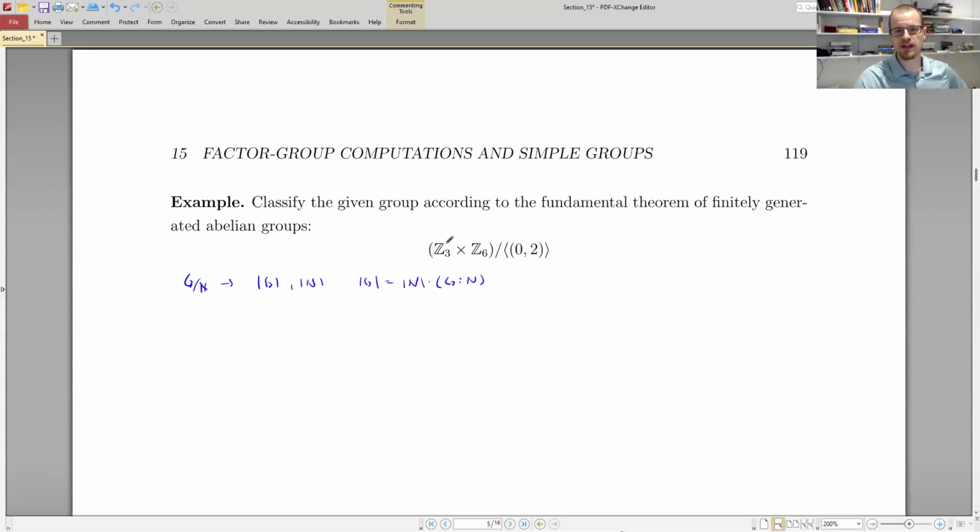So this identifies for us the order of the quotient group.